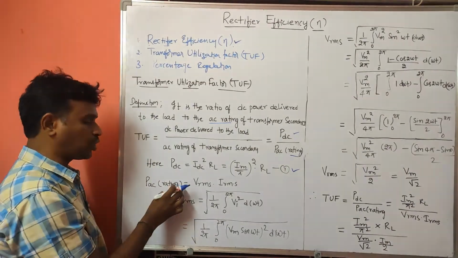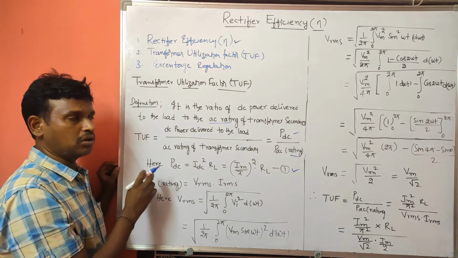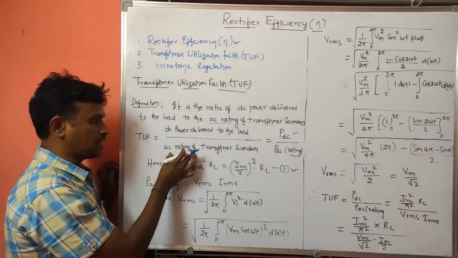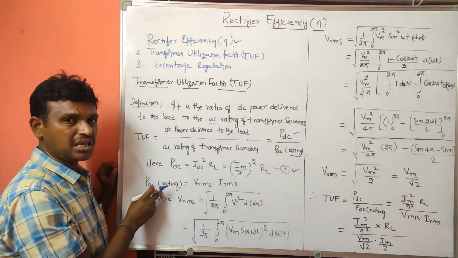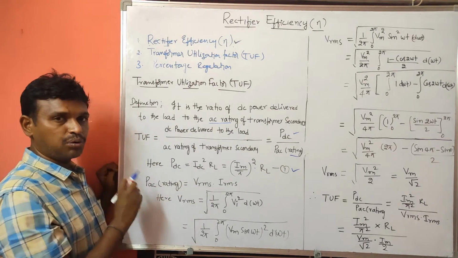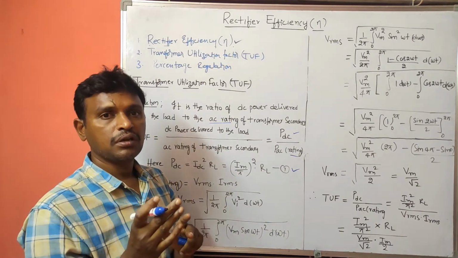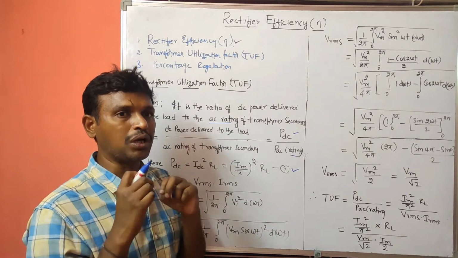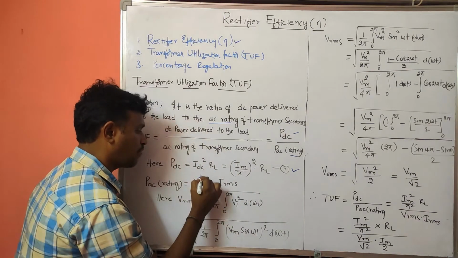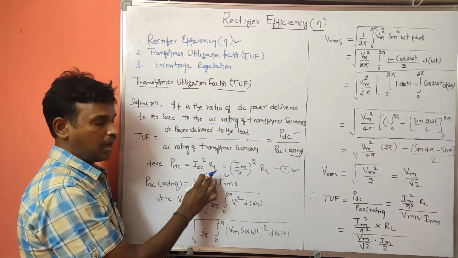Now I want to calculate the AC rating, PAC rating, or the secondary transformer rating. Generally power is nothing but voltage multiplied with current. So to calculate the AC rating of the transformer secondary, we have to consider the VRMS value and the IRMS value.